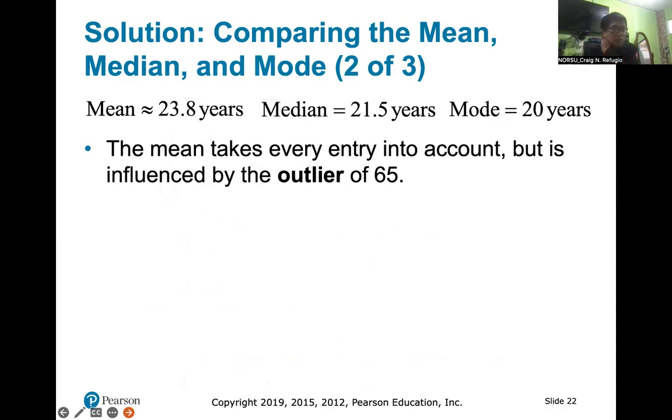So let's have the continuation. We have mean is approximately 23.8 years, median is 21.5 years, mode is equal to 20 years. The mean takes every entry into account, but is influenced by the outlier 65. So let's go back to the data.